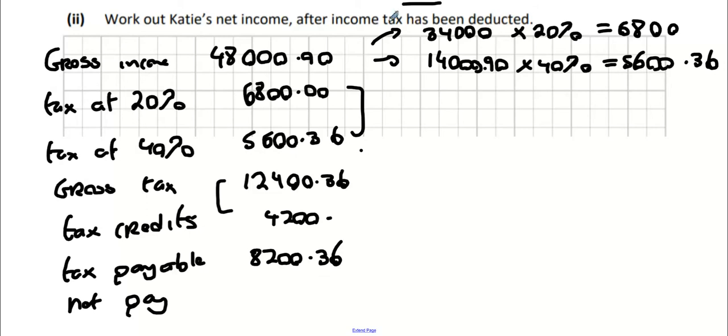Next, we're going to take this number away from your gross income at the top, and we'll take both of them away from each other. We get an answer of 39,800.54. Okay, now let's move on.